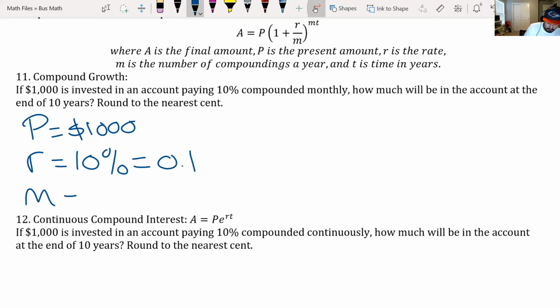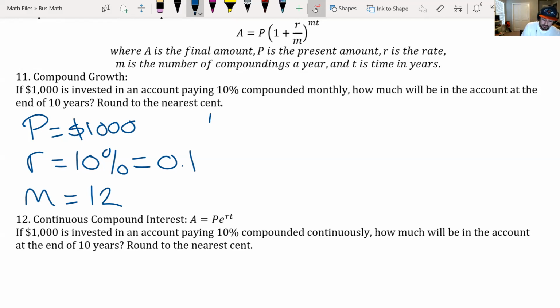Then it says we are compounding this money monthly. So compoundings go based on a year. So when it says we compound monthly, how many months are in a year? That number will be 12. Then the very last piece says how much money will be in the account at the end of 10 years.